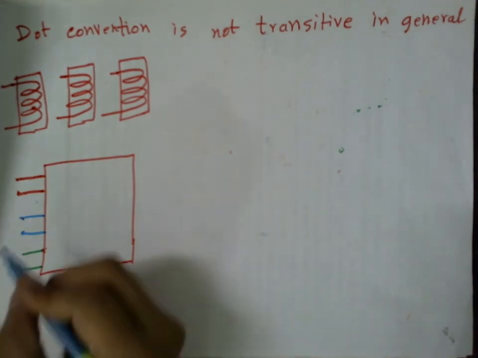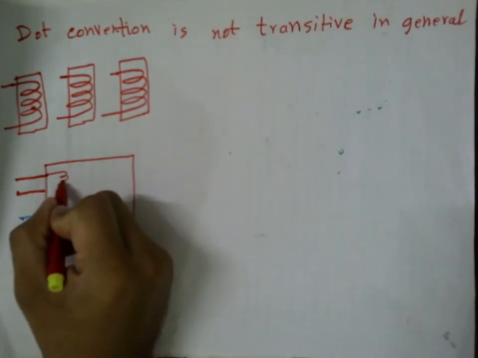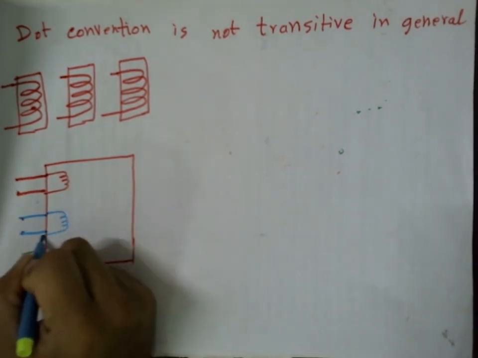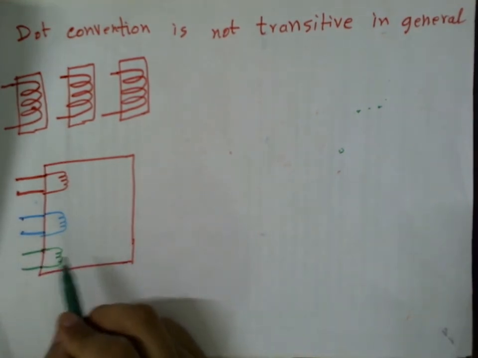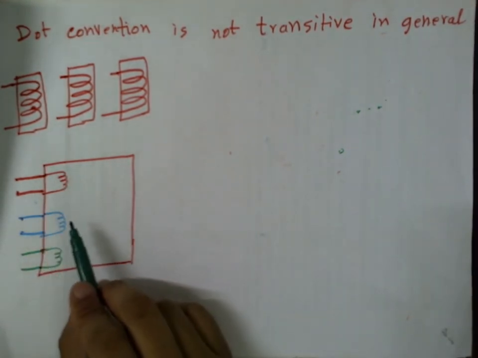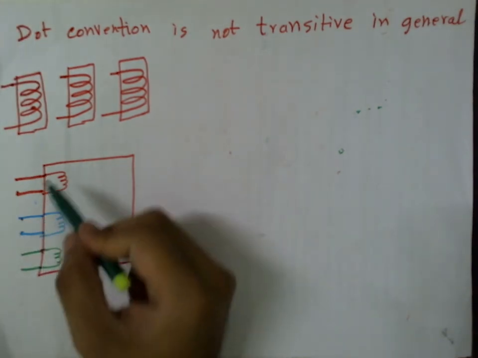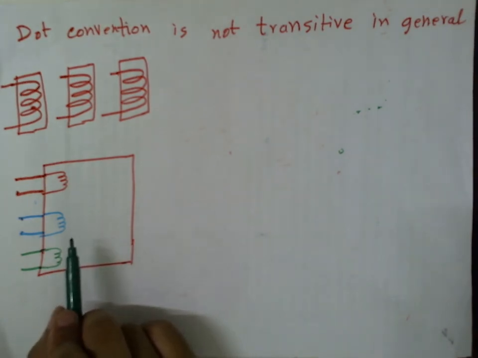And then they're connected, but we don't know exactly how these 3 coils are wound on the core, or how they are placed, on which side of the core they are placed.